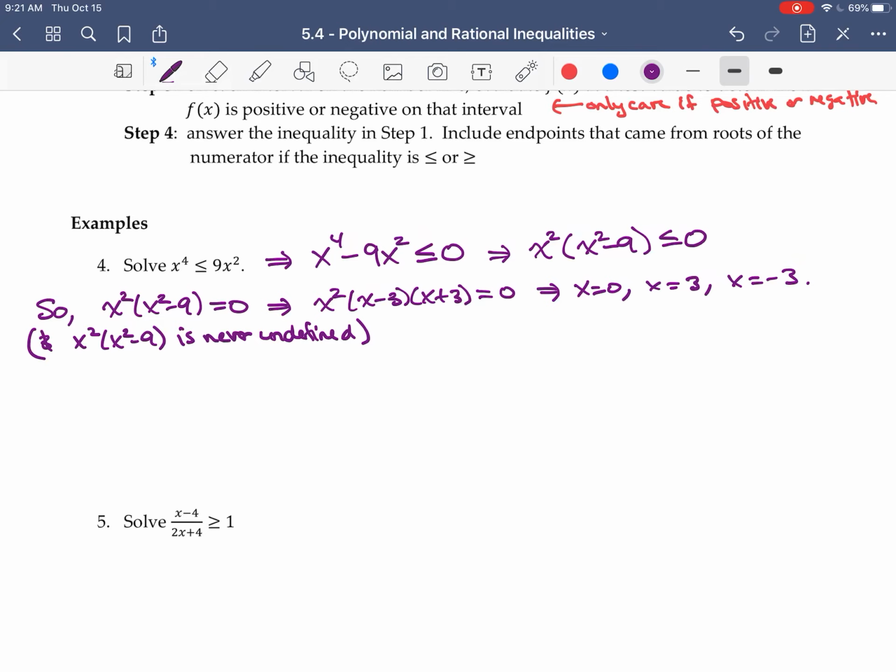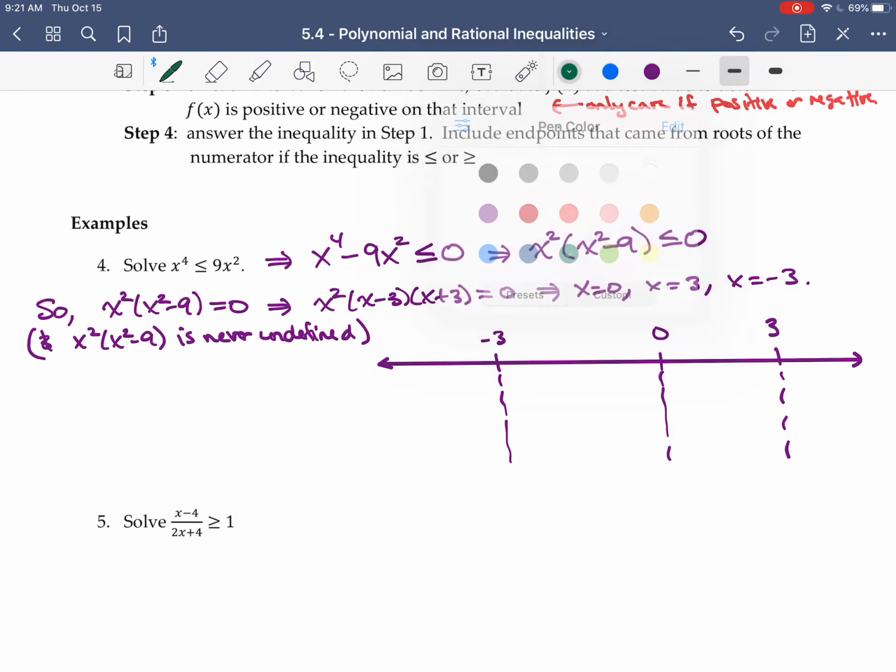So we make our little table. Okay, so we put on, so negative 3 is the smallest one. Okay, and then I have 0, and then 3. And I want to test a value in each interval.